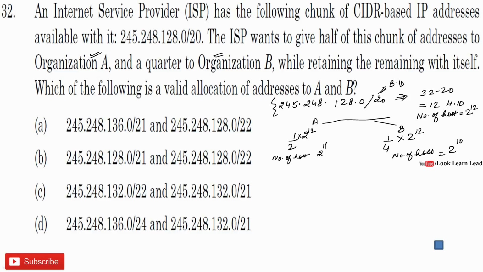Now we will be calculating the network ID. For organization A it would be 32 minus 11, and similarly for organization B, it would be 32 minus 10. That is, for A it is 21 and for B it is 22.